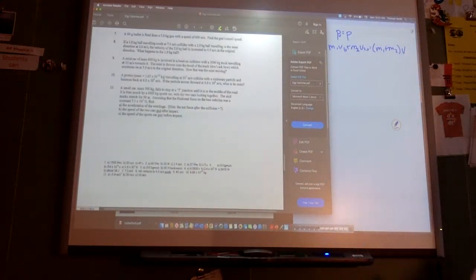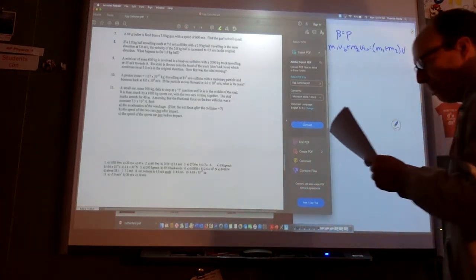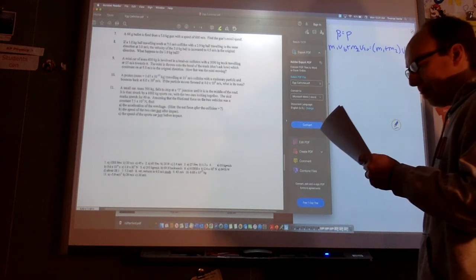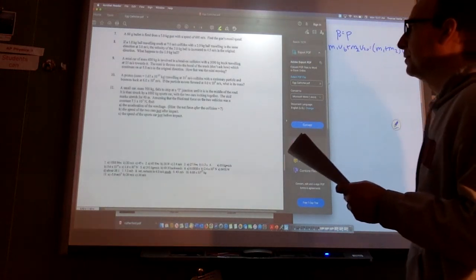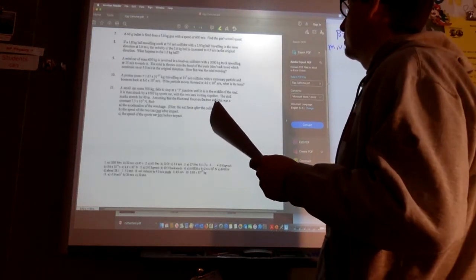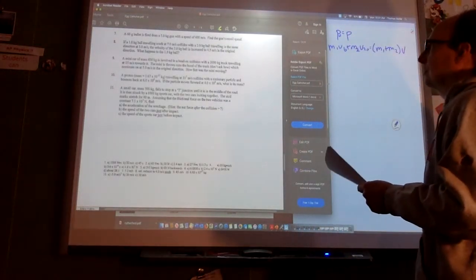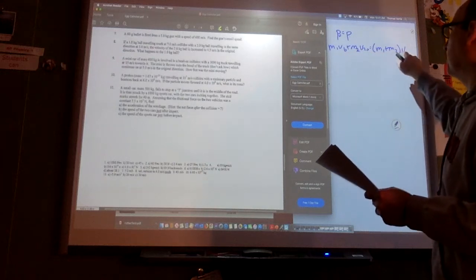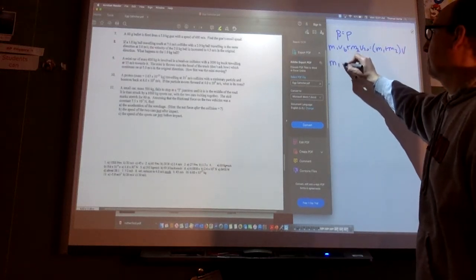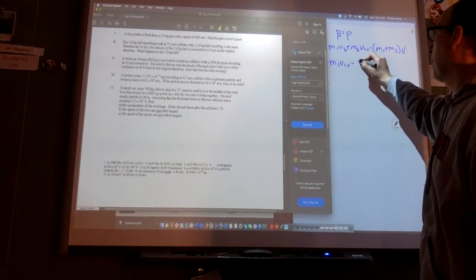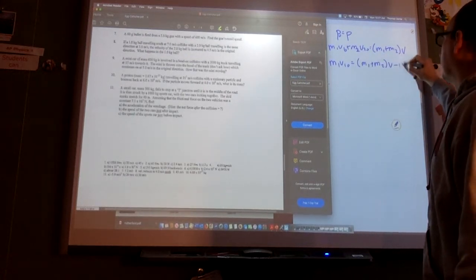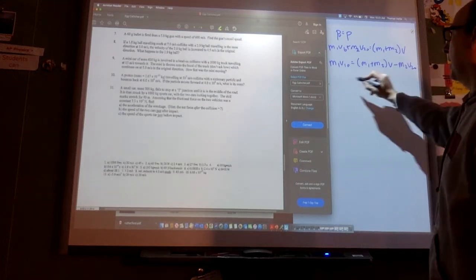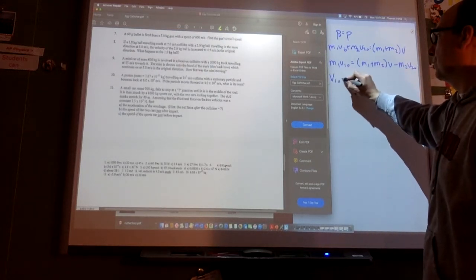So that's going to be a totally inelastic collision. And so I want to get the speed of the Mini. So I'm going to subtract M2 V2 to the other side, and divide by M1.